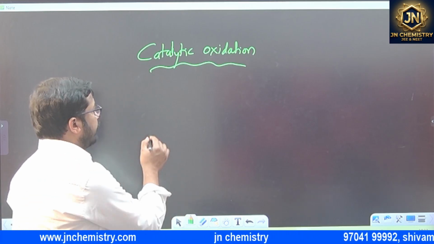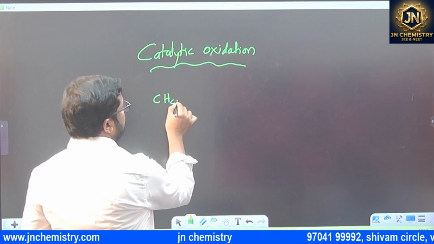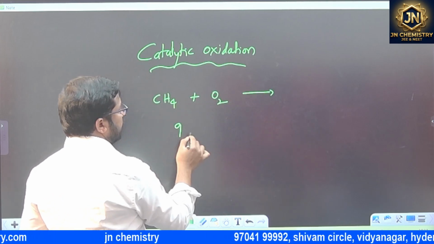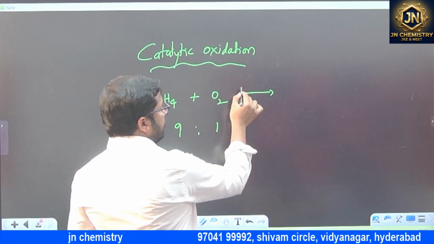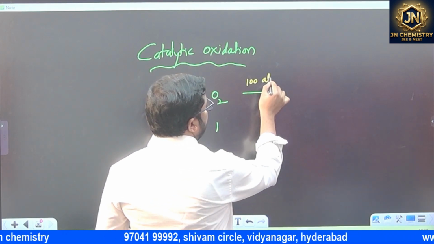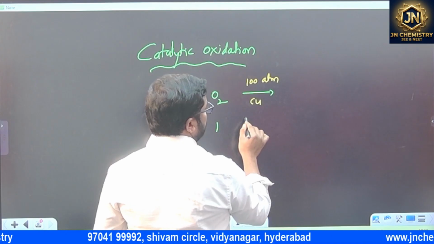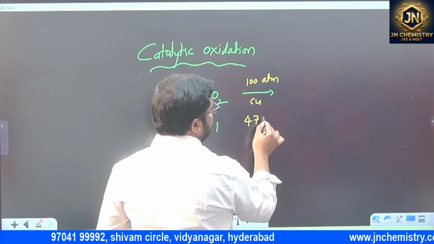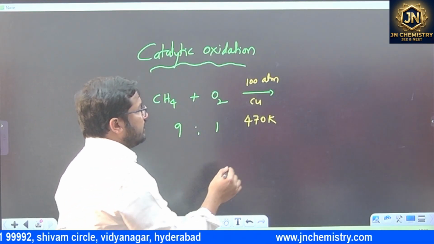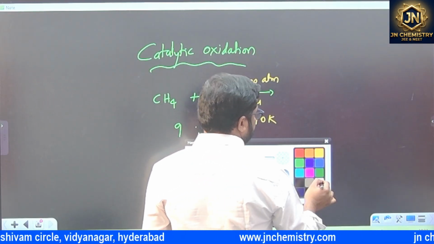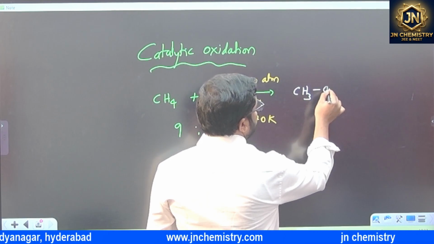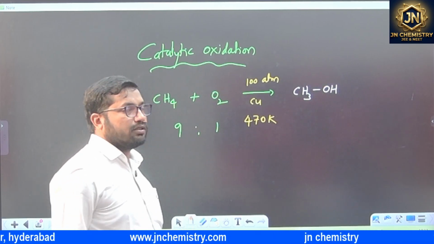For example, we take methane with oxygen, generally 9:1 ratio, at 100 atm pressure, copper, 470 Kelvin. Maintaining all these, we will get CH3OH, alcohols.